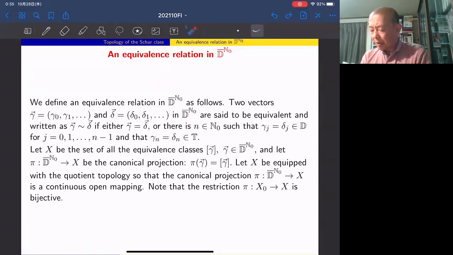And then the capital X will be the set of all the equivalence classes, let's say this one. And let pi be the canonical projection, or canonical mapping. I mean, pi of gamma is just the equivalence class to which gamma belongs. And also capital X will be equipped with the quotient topology. So the canonical projection is a continuous open mapping.